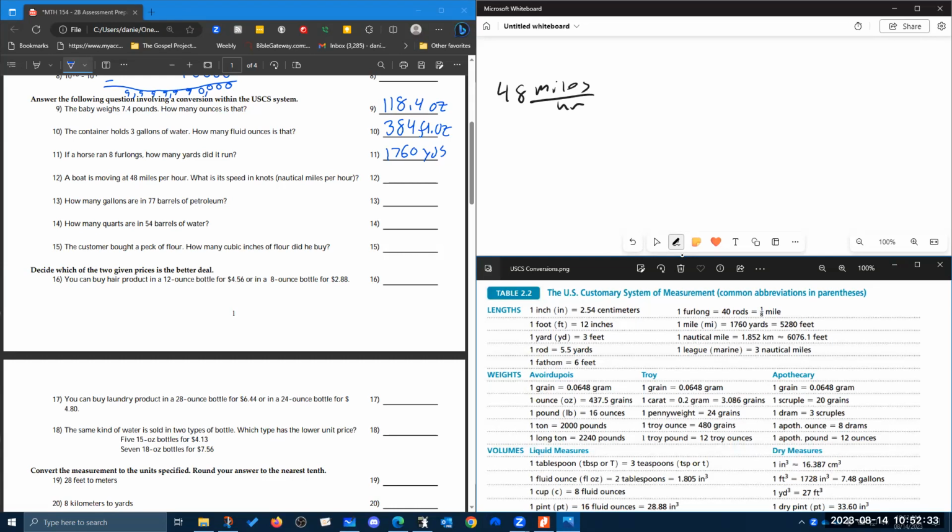So 1 mile is going to be 5,280 feet. And then I can go from feet to nautical miles.